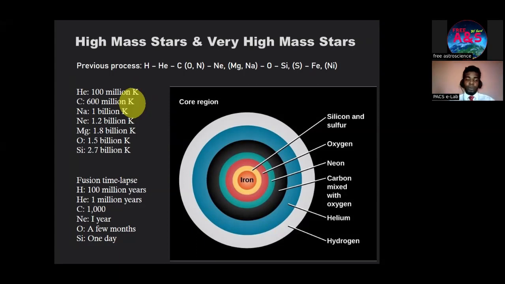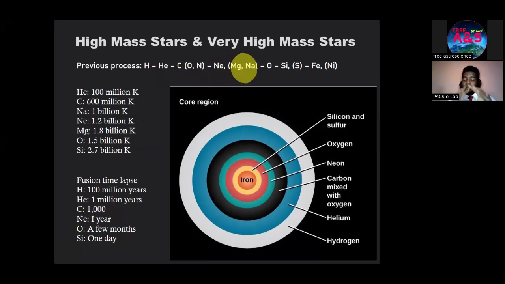Once the heat is up to 600 million Kelvin, carbon will begin to fuse to form neon. I put some elements in brackets because they are also produced in traces. Like when helium fuses to carbon, it produces some traces of oxygen and nitrogen. When carbon fuses, it gives rise to neon, and then we have traces of magnesium and sodium.